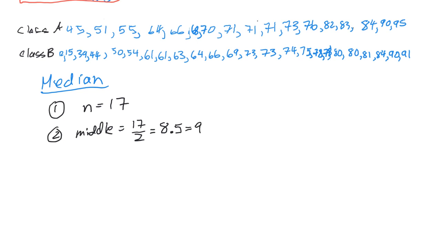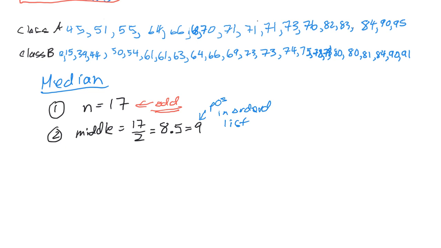Now, the best part about our middle is that, remember, if you have an odd number, the number that you get is going to be half, but you've got to round it up, right? So this position represents the position that we need to go to in our ordered list to find our set median.